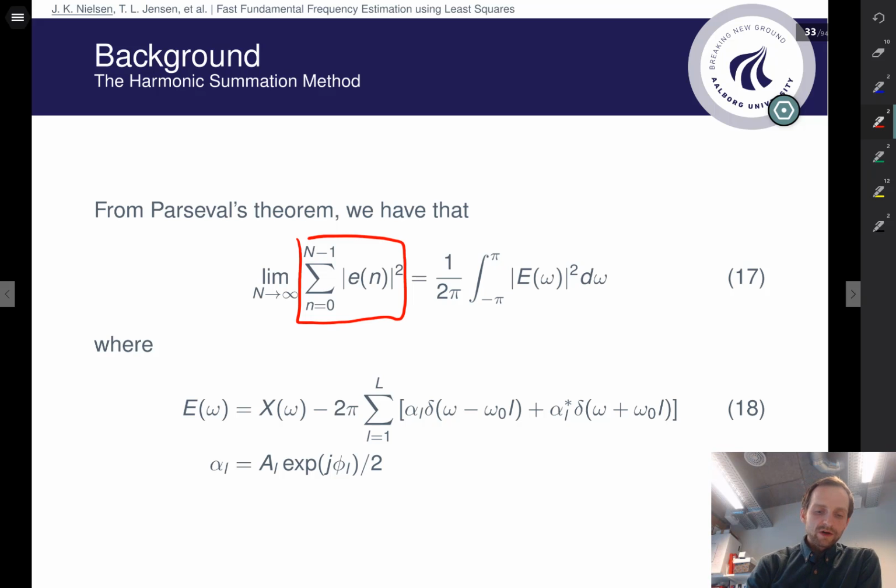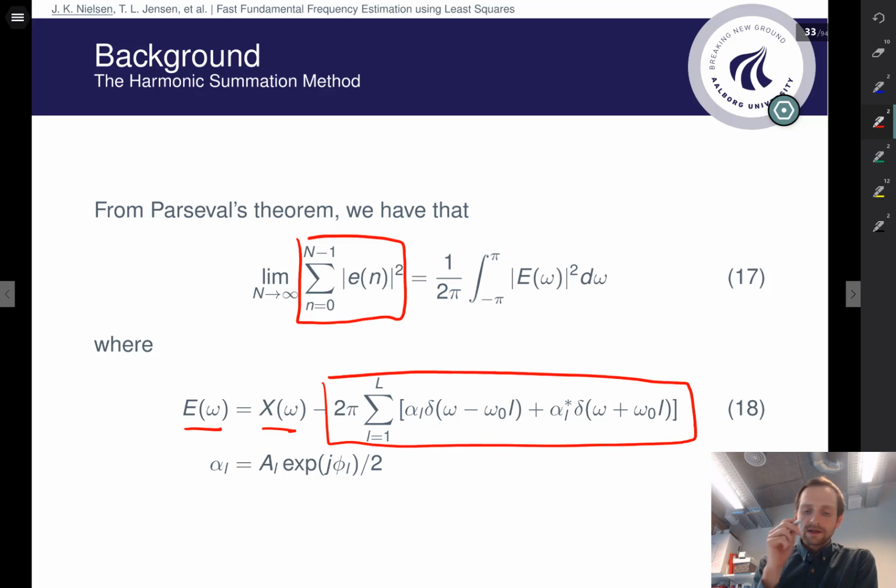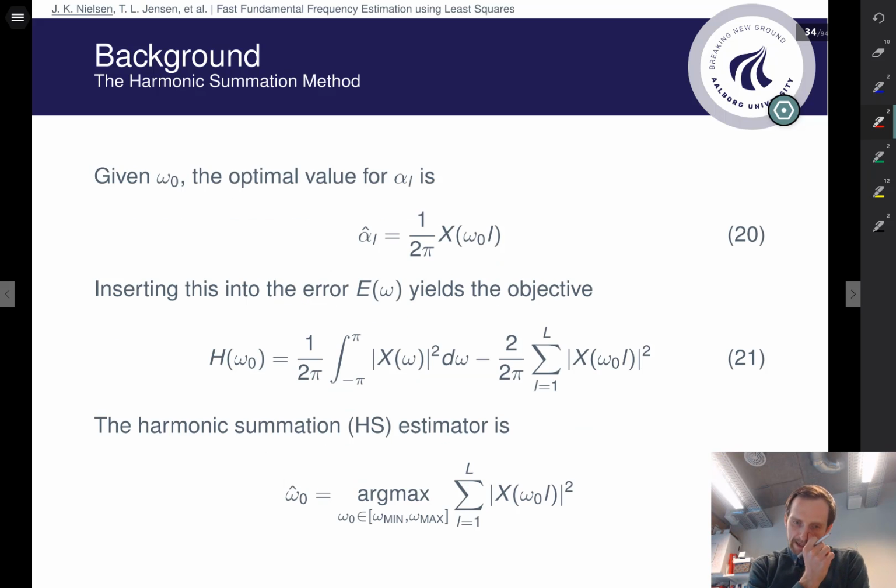Then you can work out that the error in the frequency domain is the data in the frequency domain minus this, which is how a sum of cosines looks in the frequency domain. The alpha L here is a complex scalar that depends on the amplitude and the phase. You can see that alpha is a linear parameter, so we can in fact estimate it, and you get a very simple expression for alpha.